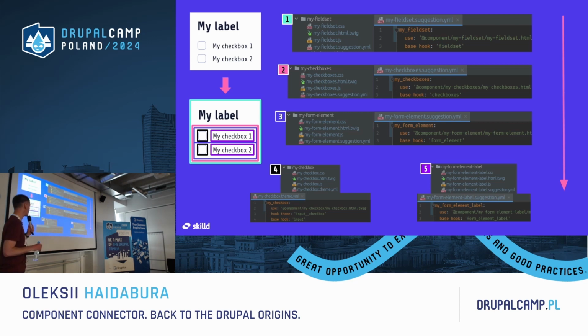Now you don't need that, and your front-enders must be happy because they have freedom and you allow them to do whatever they want inside their templates. See? Because you don't need preprocess anymore to integrate it.